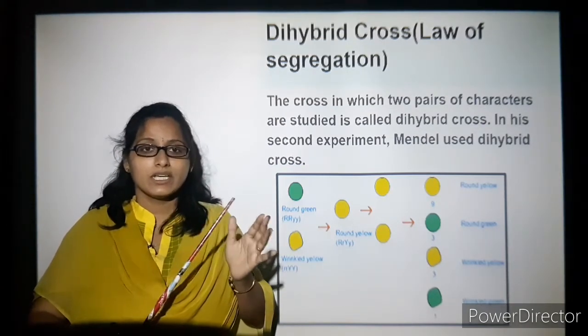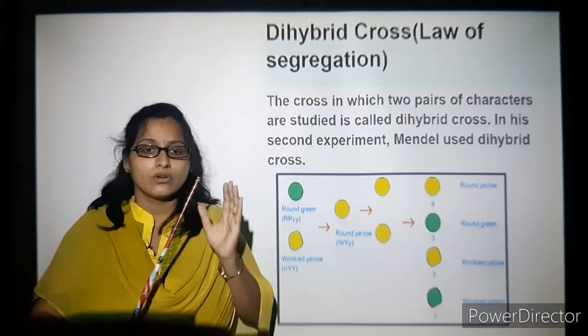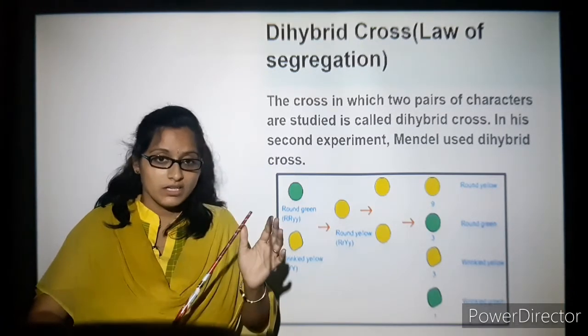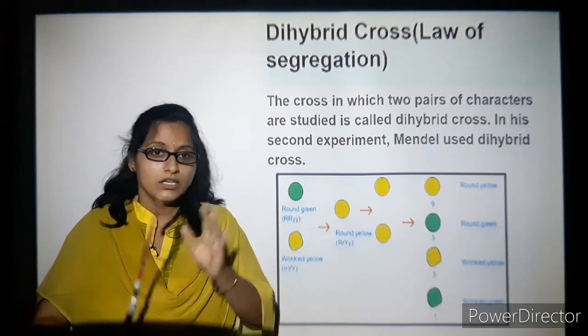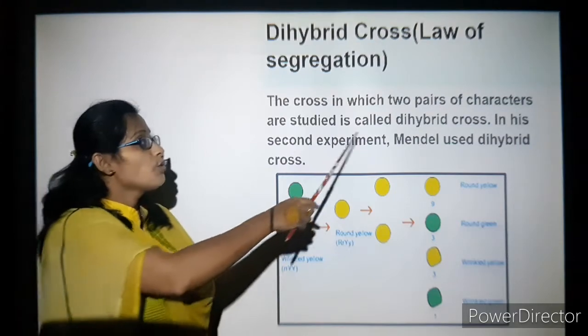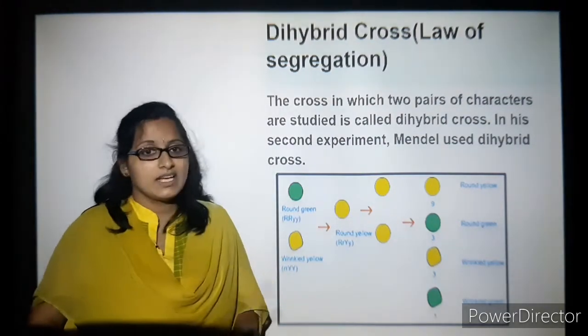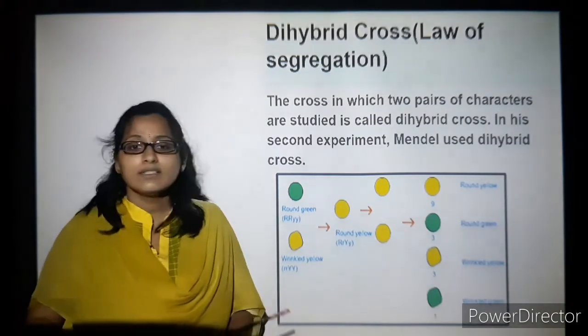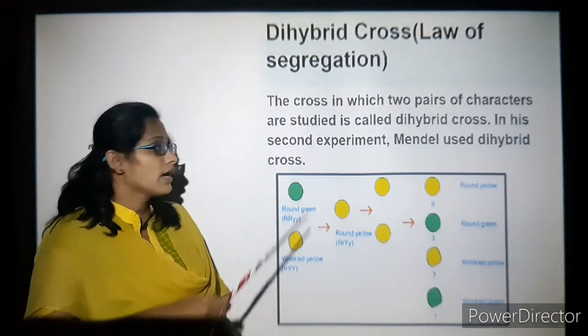Shape means we will take round, green. So round is shape, green is the color. Then you can take wrinkled as the shape, yellow is the color. So this is for the dihybrid cross. Two pairs of characters are studied, as I told here. It is known as dihybrid cross. In his second experiment, Mendel used the dihybrid cross.